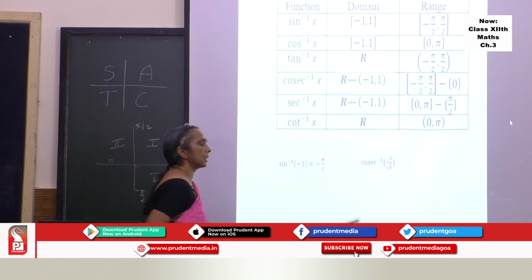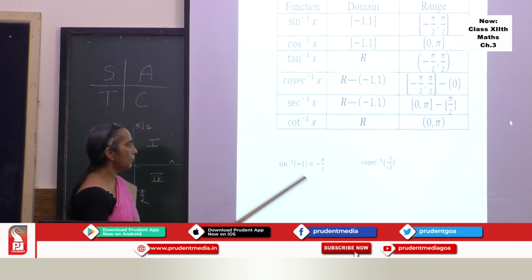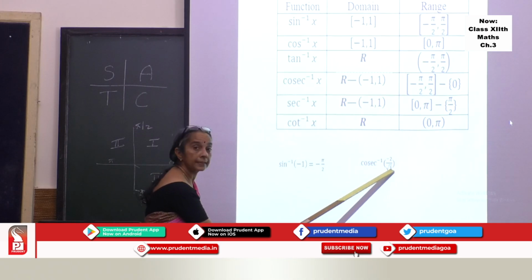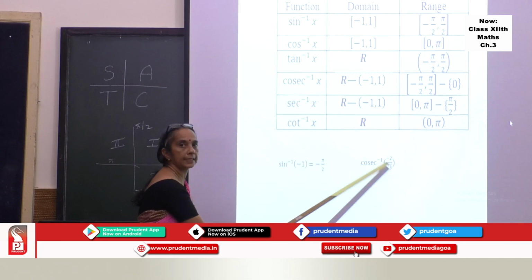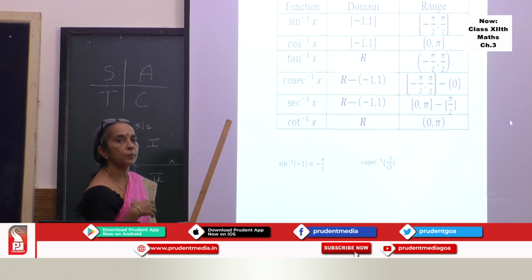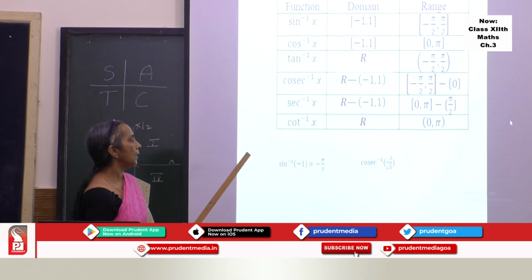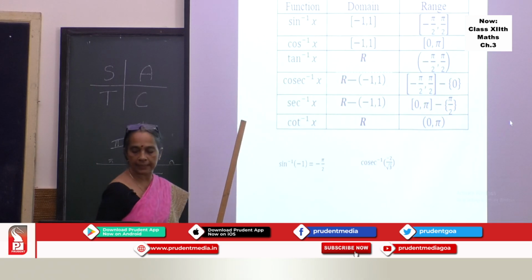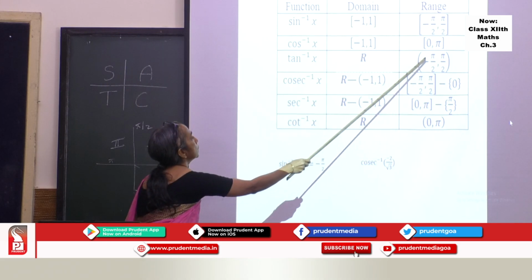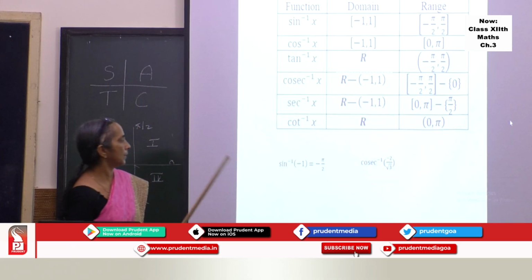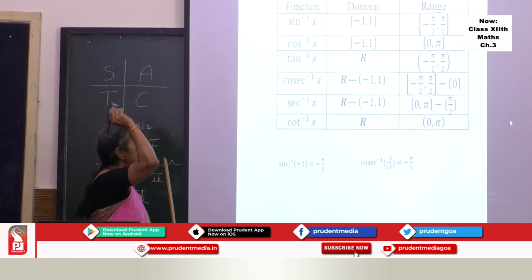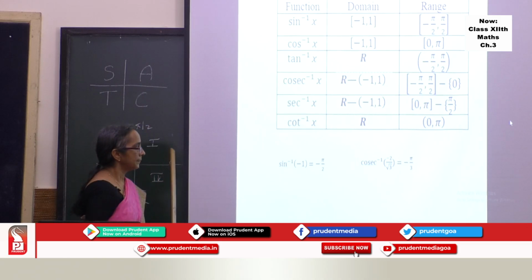Cosec of pi by 3, 60 degrees, is 2 by root 3. So, cosec of minus 60 degrees or minus pi by 3 is minus 2 by root 3. It should be in this quadrant. Therefore, the answer is minus pi by 3.